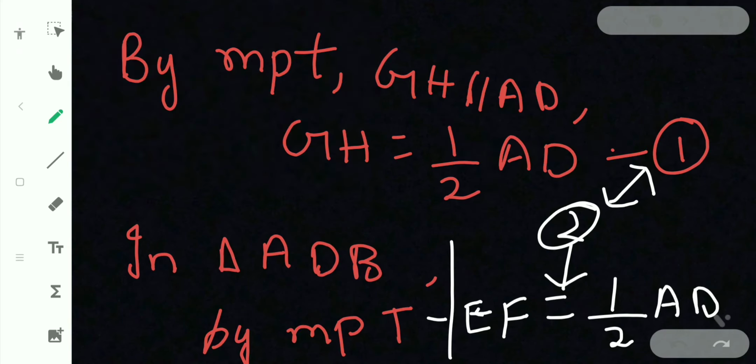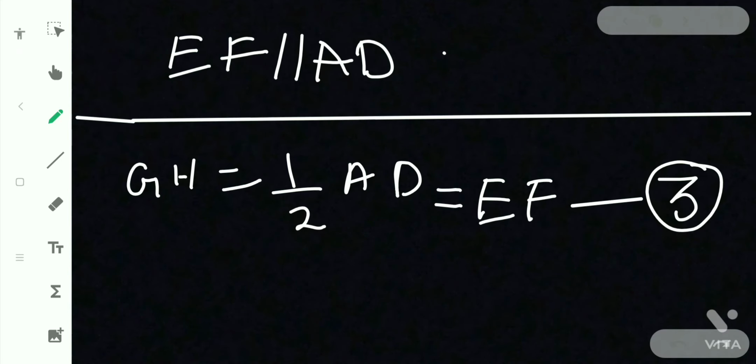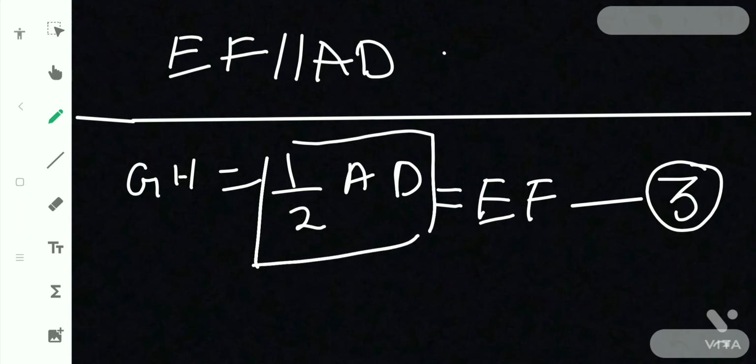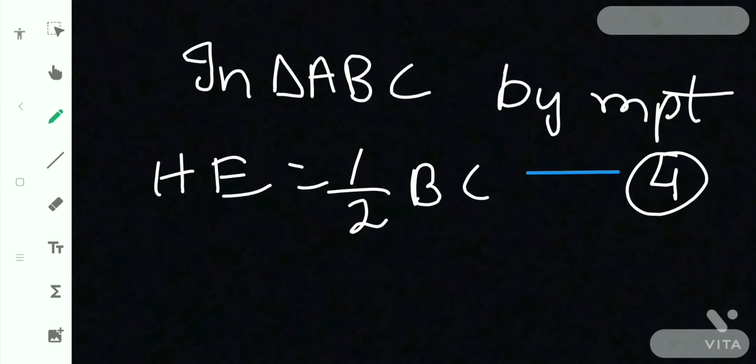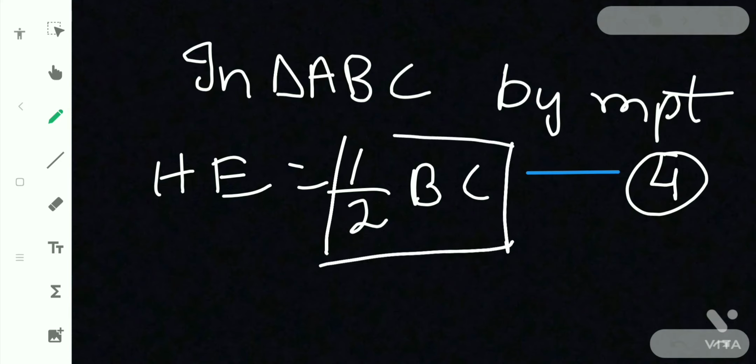Now as AD is equal to BC, here we are having half of AD and here we are having half of BC. Now this is equation 4.